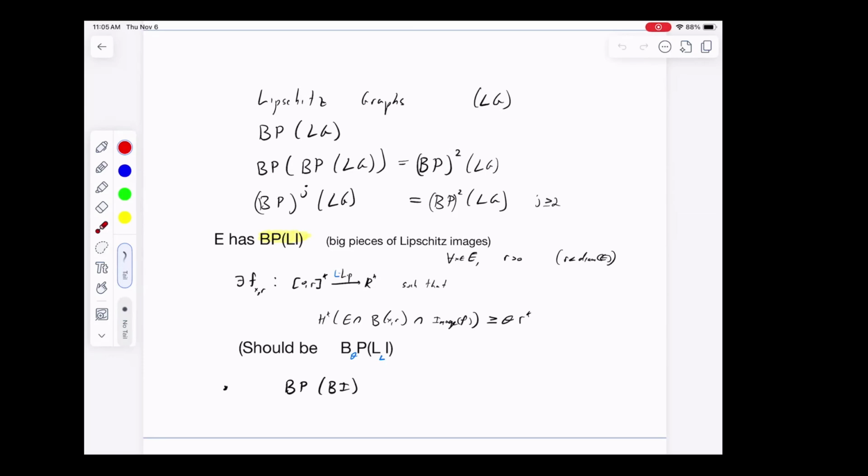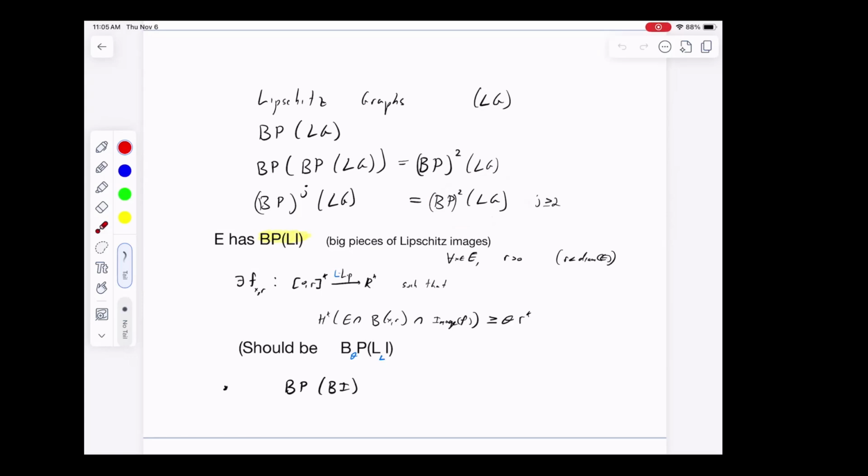So let's just talk about Lipschitz graphs, not Lipschitz graphs of small constant. Fix some constant for the Lipschitz graphs. You can talk about sets that have big pieces of Lipschitz graphs. You can talk about sets that have big pieces of big pieces of Lipschitz graphs, and so on. This turns out to stabilize. The biggest you can get with this is big pieces squared of Lipschitz graphs.